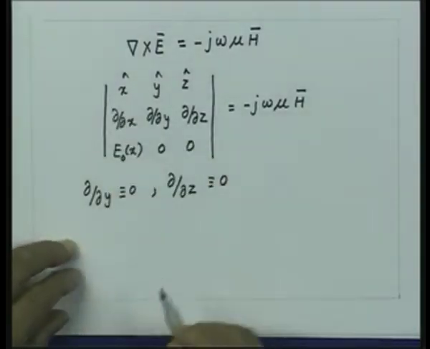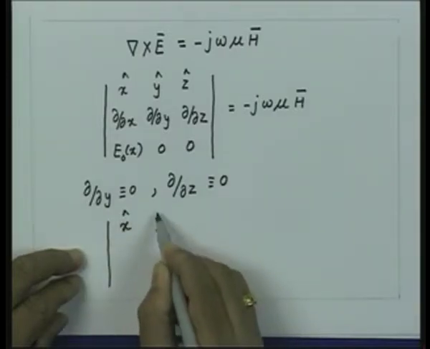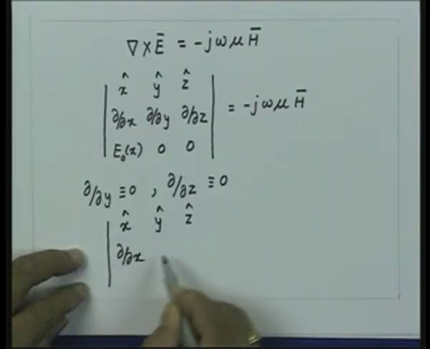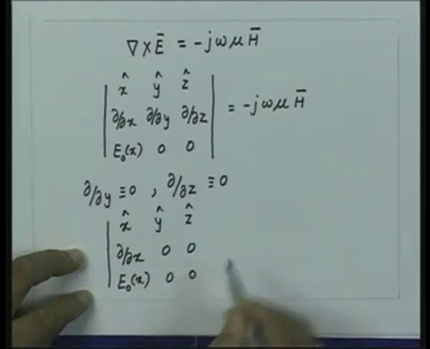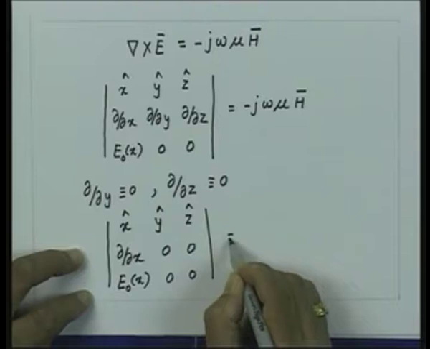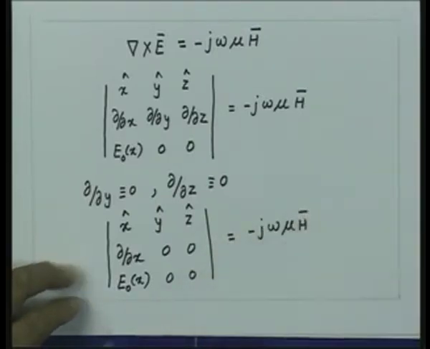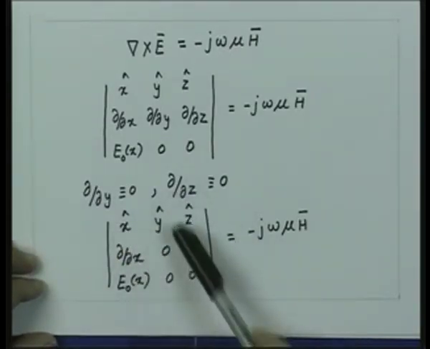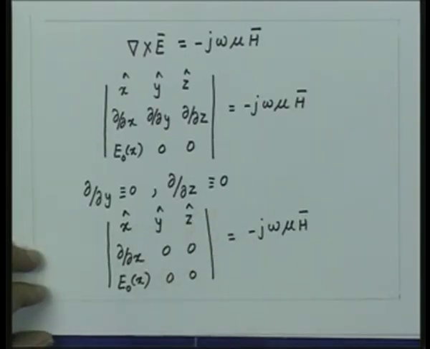If I substitute into this equation: x y z, d by dx 0 0, E0 x 0 0, that will be equal to minus j omega mu into h. Now, this determinant is 0. If you solve this, you will get all the components equal to 0.